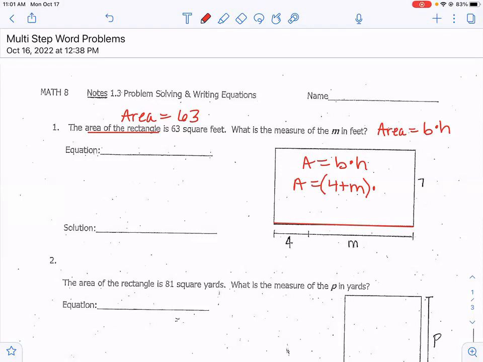Our height is 7. So this was our height. 4 plus M is our base. And we know what the area is, don't we? I'm going to erase that A, and I'm going to put 63.